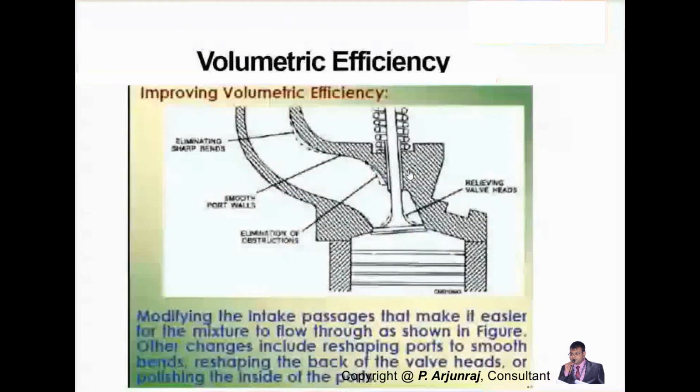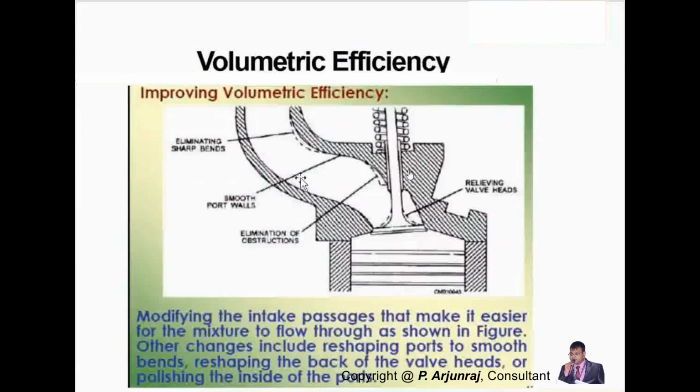We have also seen there are many ways to improve the volumetric efficiency. By modifying the intake manifold passages, by eliminating the bends, because if you have bends inside the intake manifold, the air which is coming inside gets restricted because of these sharp bends. And the walls should be smooth basically.